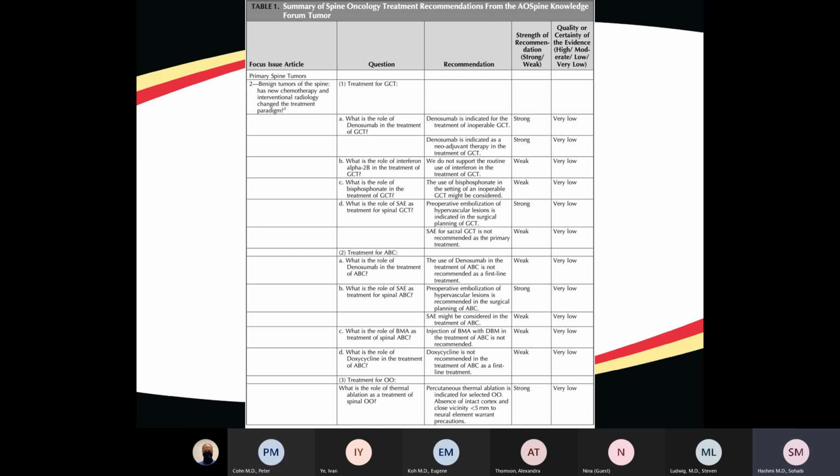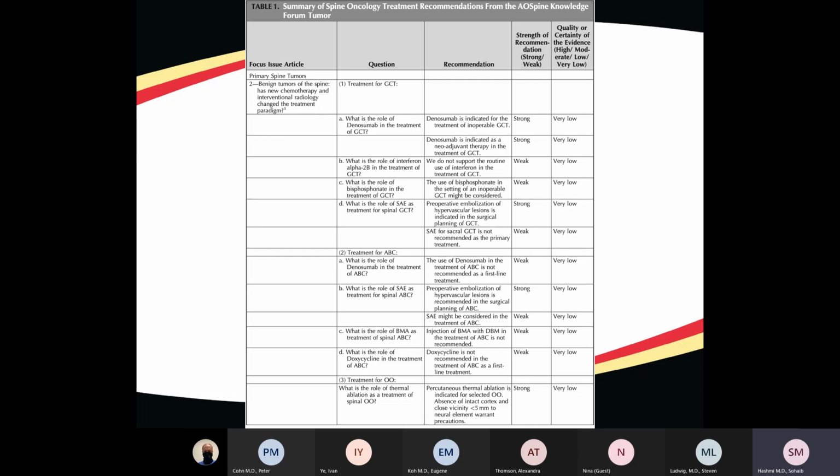So if we start off with benign tumors of the spine and what the treatment says for giant cell tumor, there is a role for denosumab, which is an immunologic medication used in the appendicular skeleton, and that is largely for inoperable giant cell tumor, as well as for a neoadjuvant type of therapy.